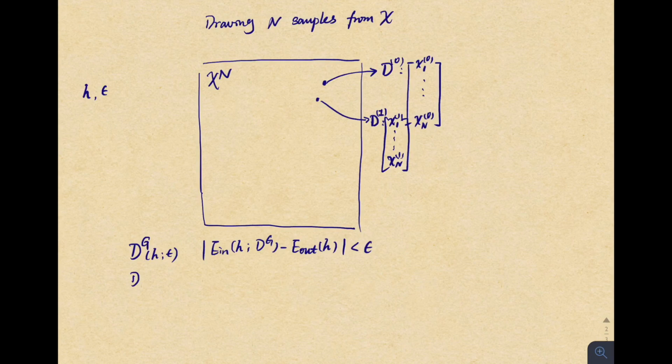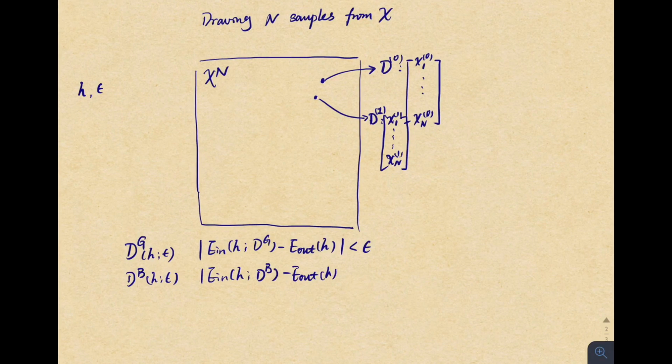And of course, a bad data set for this hypothesis and tolerance means the in-sample error measured on this bad data set deviates from the out-sample error by greater than epsilon.